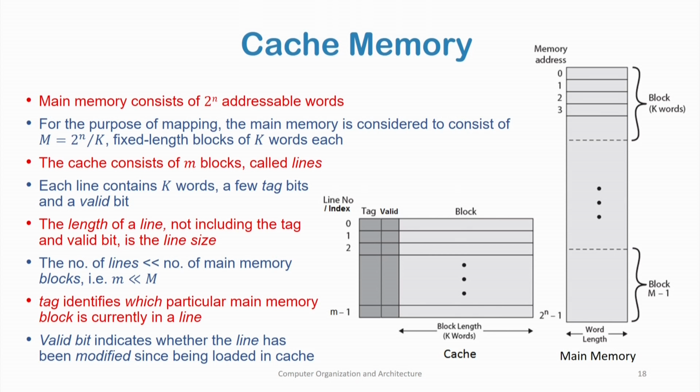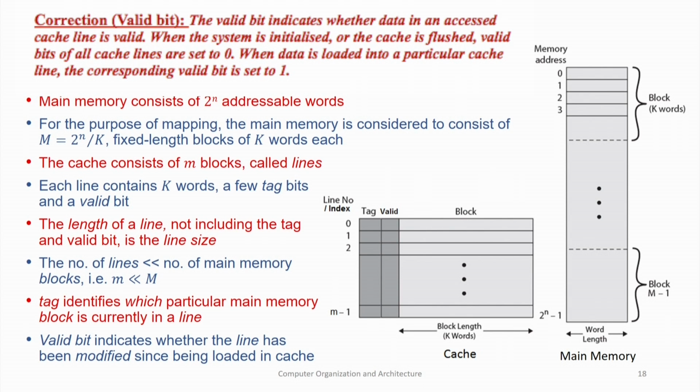The number of lines in cache is much less than the number of main memory blocks, that is, m is much less than M. The tag identifies which particular main memory block is currently in a line. The valid bit indicates whether the line has been modified since being loaded in cache.